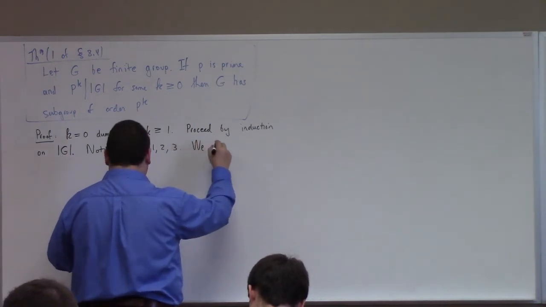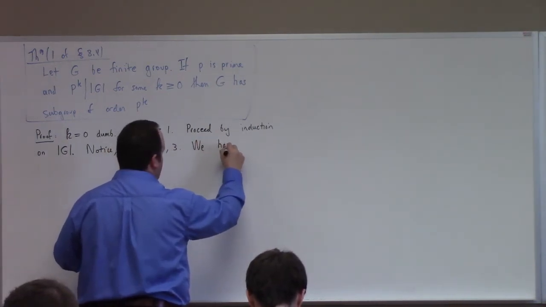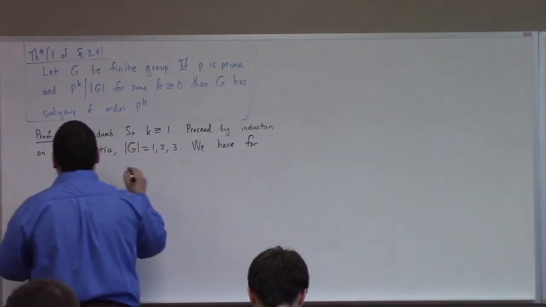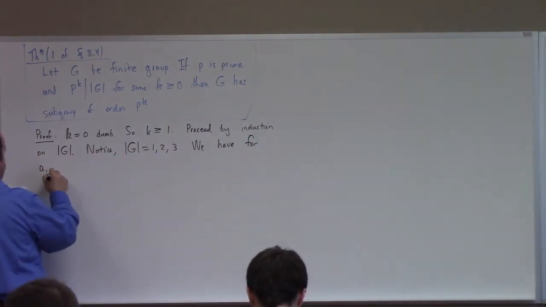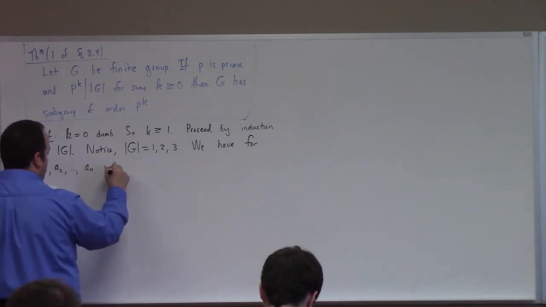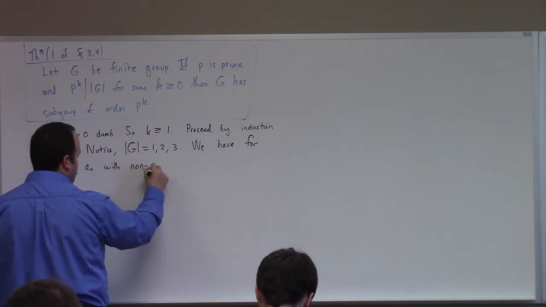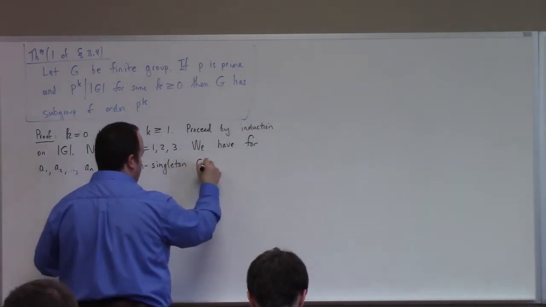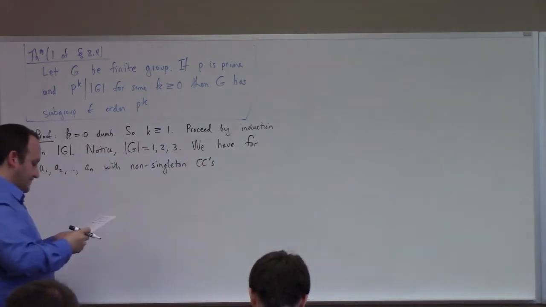And the critical tool for us is the class equation. So we have, for a1 through an with non-singleton conjugacy classes, the following.